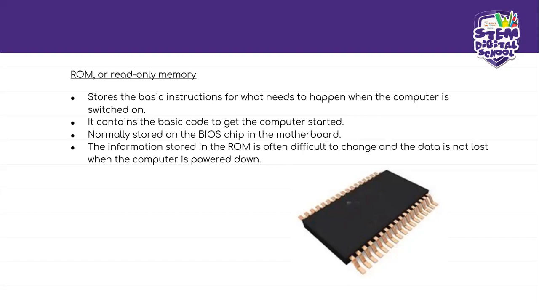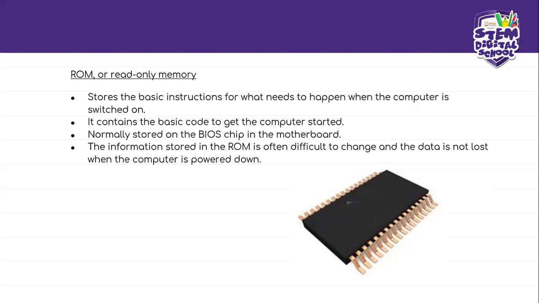The information stored in the ROM is often difficult to change, and the data is not lost when the computer is powered down. So data that is saved on the RAM, once the computer is shut down, then the data is lost.